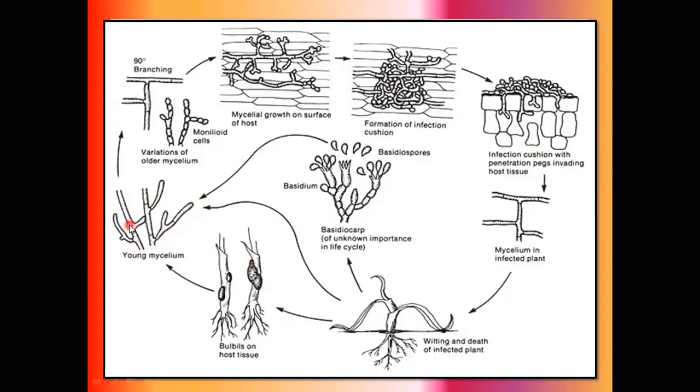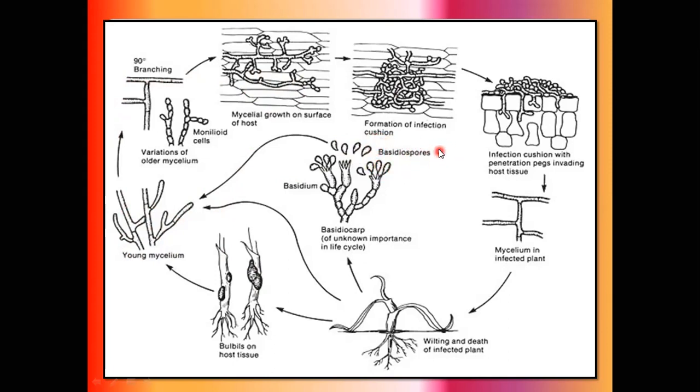This young mycelium infects the healthy plants, or sometimes the young mycelium germinates under favorable conditions to produce the sexual spores, that is basidiospores.